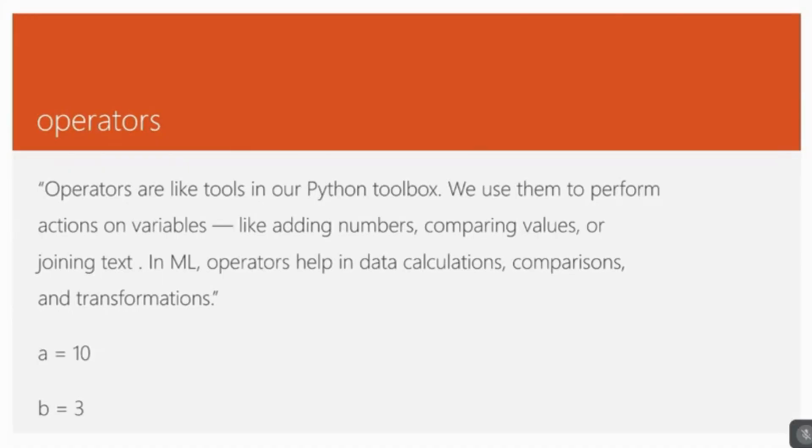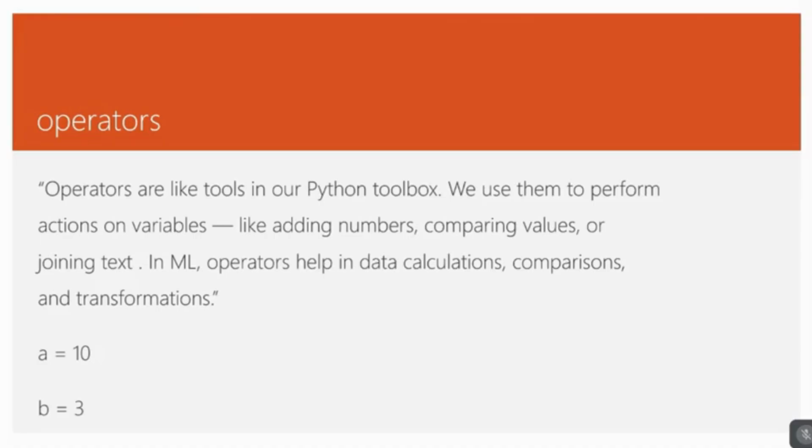If we want to add these two numbers, 10 plus 3, then we use operators to perform operations. These both are correlated, operators, operations. If you have to remember the thing, just note down that operators is like operations, means these both are similar in sound.